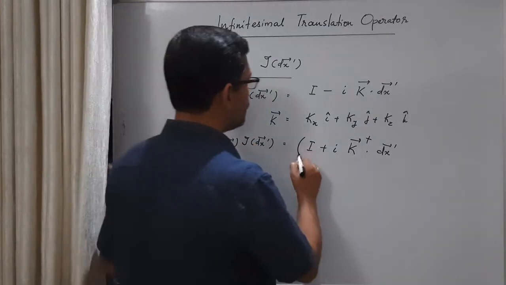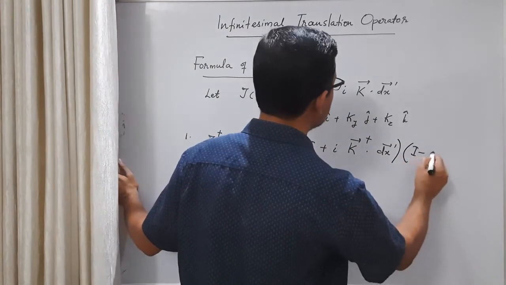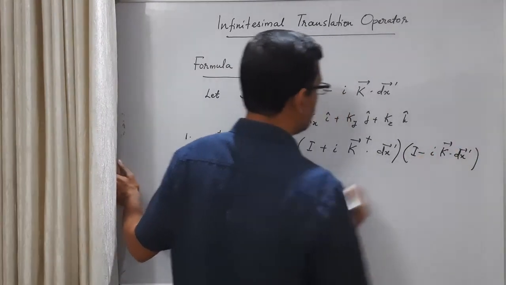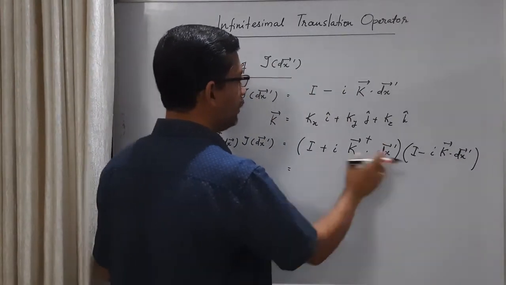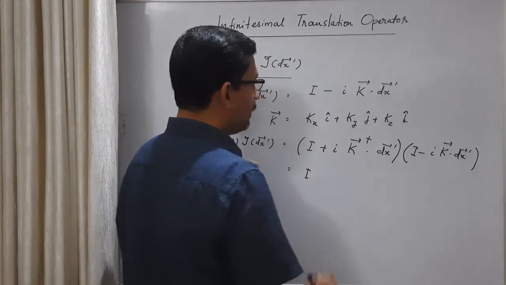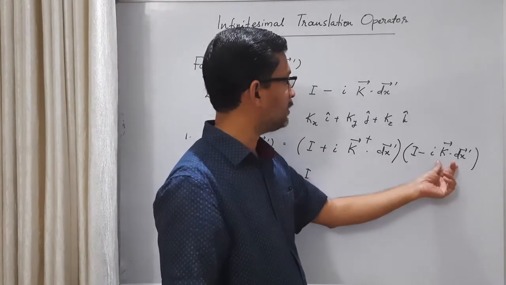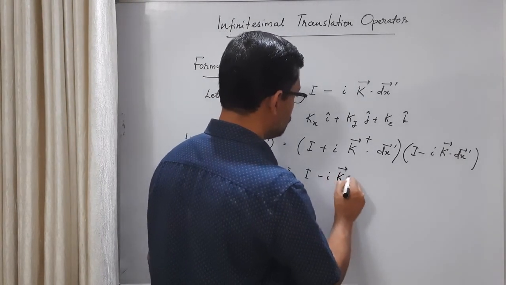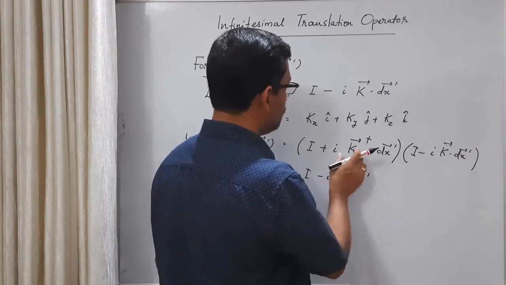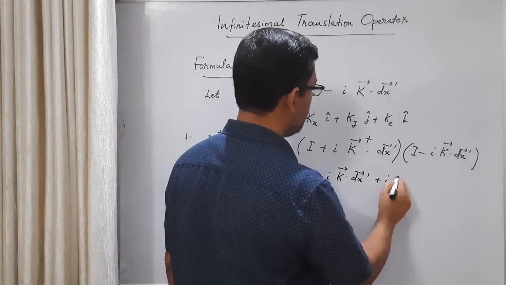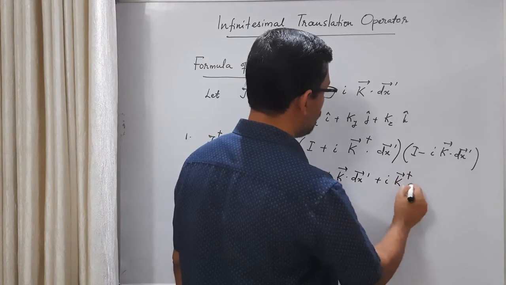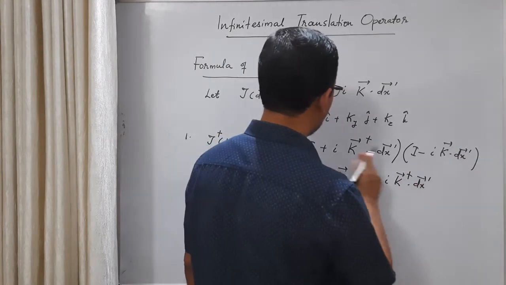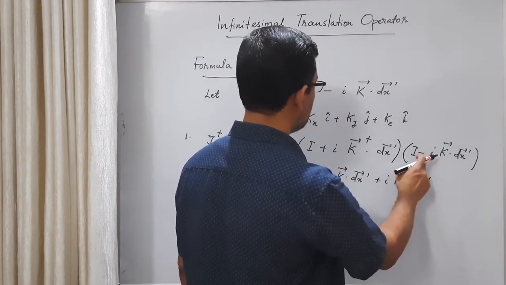So this is I dagger times I, where I is identity minus I k dot dx prime. Identity times identity is again identity. Then identity times this gives minus I k dot dx prime. Then this times identity gives plus I k dagger dot dx prime. And I square is minus, and minus of minus will be plus.